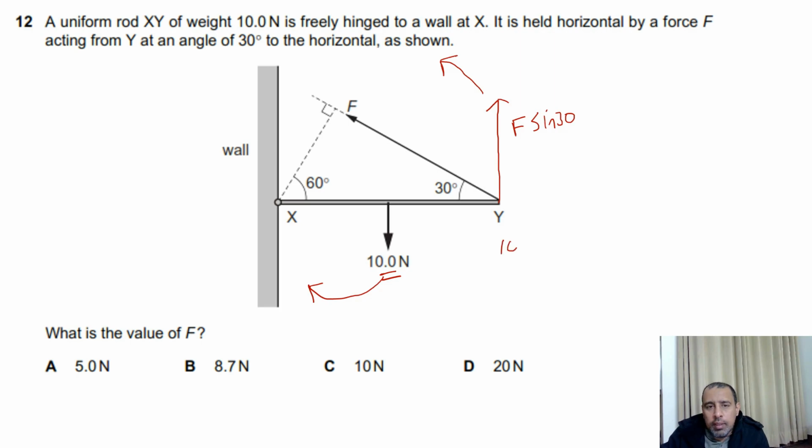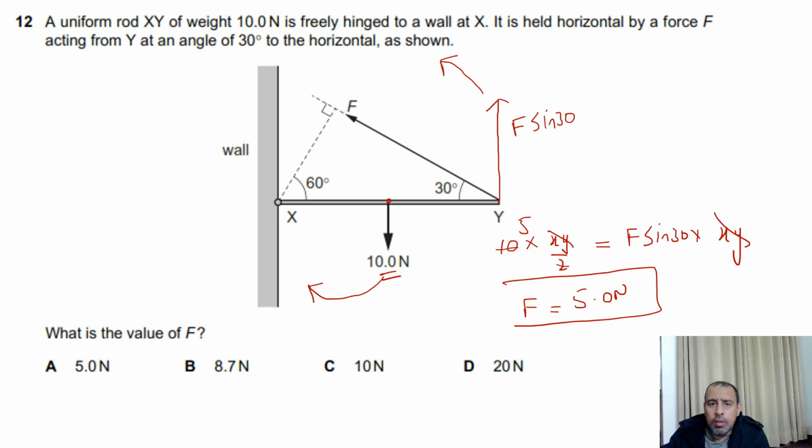So the clockwise moments are the force multiplied with this distance, that is xy by 2, because the force is at the center, and is equal to F sine 30 into xy, this perpendicular distance xy from the pivot. These two are now cancelled with each other, and this is 5. So this F is equal to 5 Newton. This is the correct answer. No, this F is equal to 10 Newton.